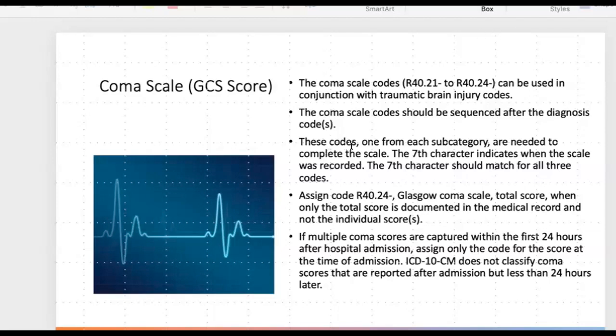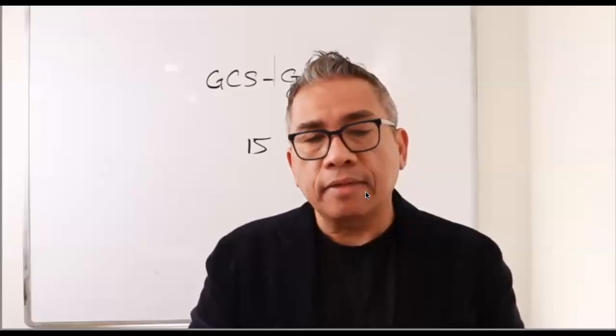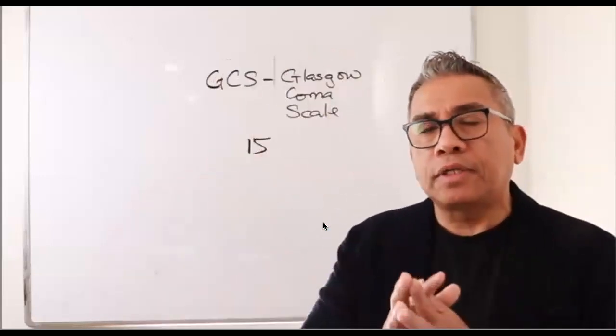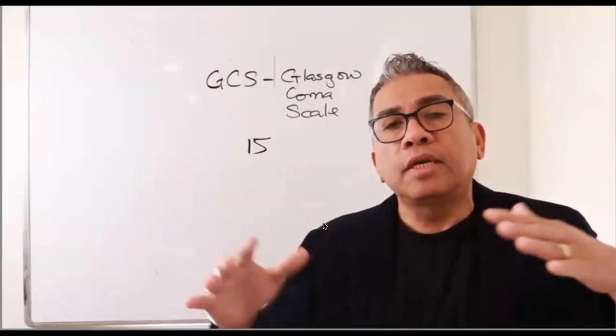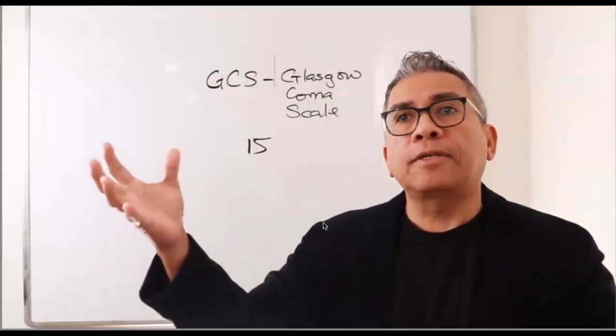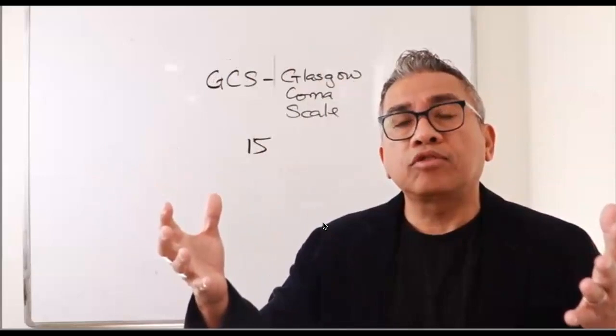Now, these codes, one from each subcategory, are needed to complete the scale. The 7th character indicates when the scale was recorded, and the 7th characters should match for all 3 codes, which means that when you're assigning the code for the GCS score, you need to look at the timeline. When was this GCS score assessed?